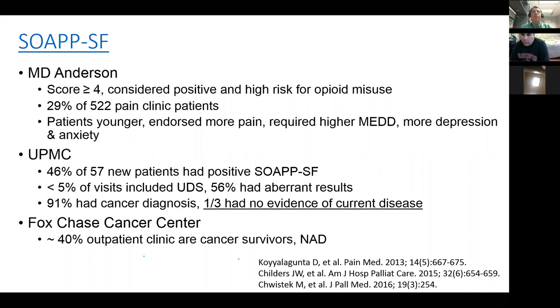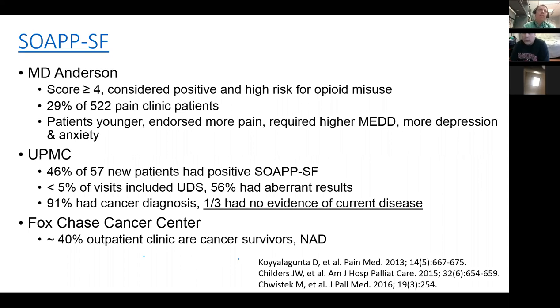Now, in this particular study, less than 5% of the visits included a urine drug screen, but in that 5%, 56% of those people had an aberrant result on their urine drug screen. So I think that we're only beginning to understand the overall potential problems that we have.